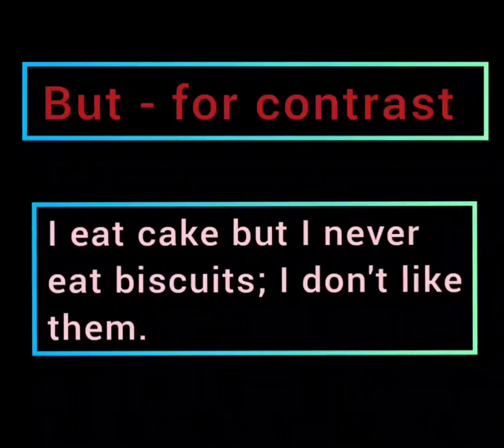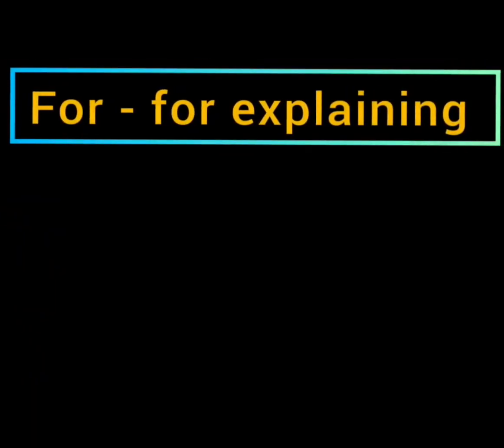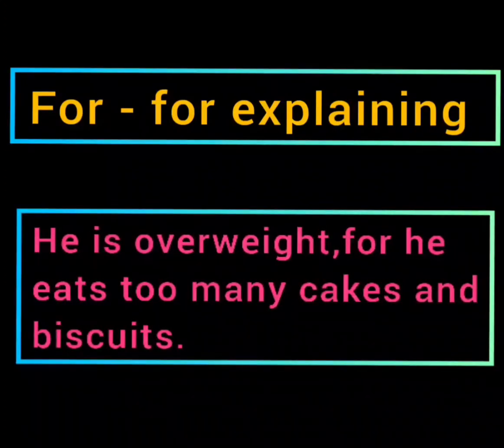Okay. Now why do we use for? For is used for explaining why. Okay, why this has happened. He is overweight for he eats too many cakes and biscuits. So, why is he overweight? Because he eats too many cakes and biscuits.